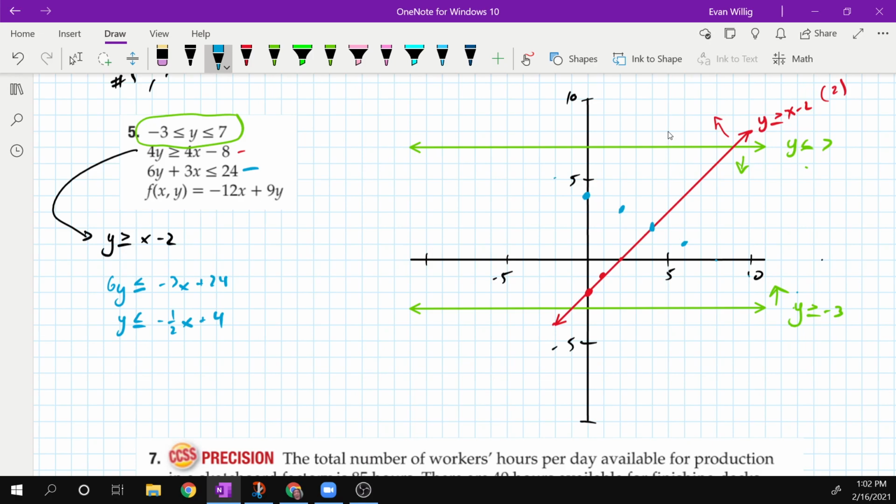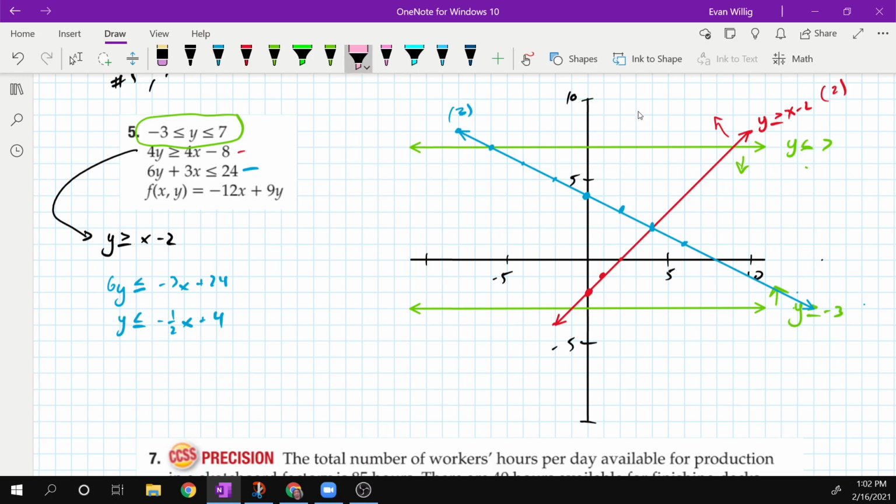Okay, so I need this over here. Looks like another nice point there. Now let's go ahead and draw that shape. Okay. So this is inequality 3, and it's shaded below.